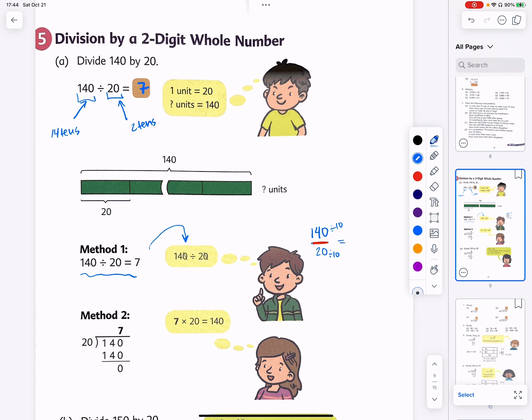All we need to do is divide the top and the bottom, the numerator and the denominator, by the same factor. 140 and 20 are both round multiples of 10. 140 divided by 10 is 14. 20 divided by 10 is 2. And we know that 14 divided by 2 is 7. That's another way to look at division.